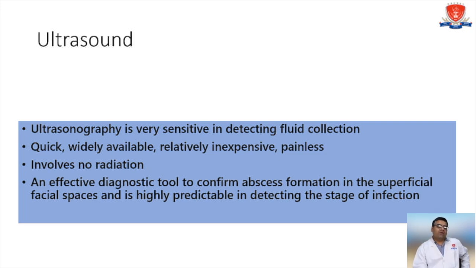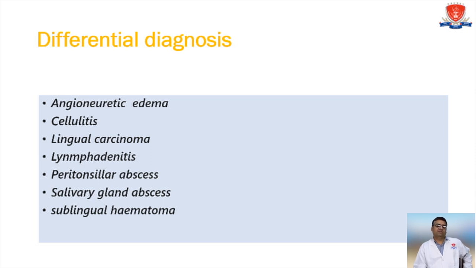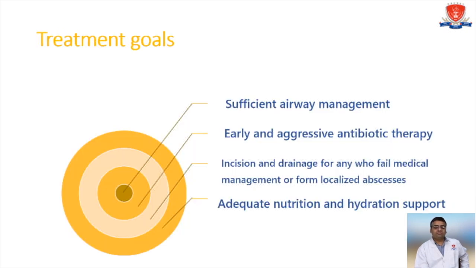It is quick, widely available, relatively inexpensive, and painless, involves no radiation, and is an effective diagnostic tool to confirm abscess formation in the superficial facial space and is highly predictable in detecting the stage of infection. Differential diagnosis: lymphadenitis, peritonsillar abscess, cellulitis, angioneurotic edema, salivary gland abscess, sublingual hematoma.